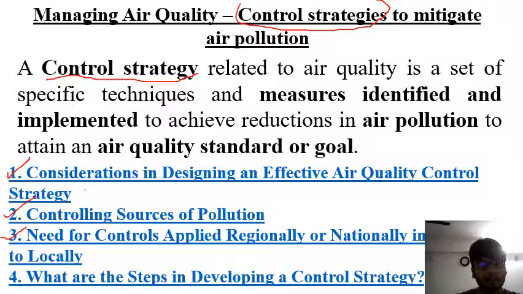The last and most important is to find the basic steps which are required in developing a control strategy. These 4 steps are very necessary to implement a control strategy with respect to managing air quality.